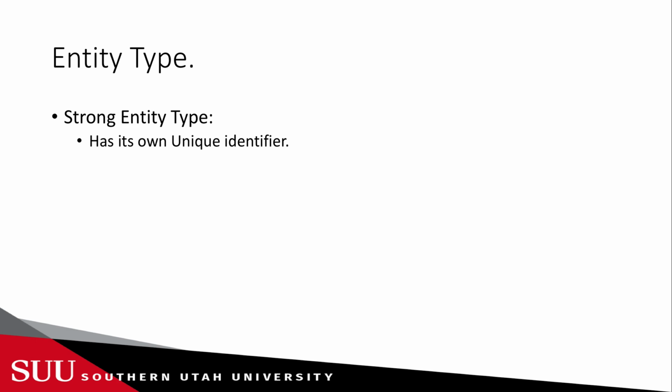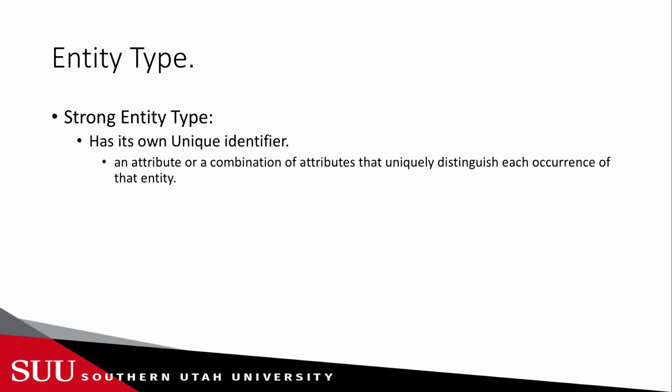Now let's talk about entity types. So we have, first of all, what we call a strong entity type. It will have its own unique identifier, which is an attribute or possibly a combination of attributes that will uniquely distinguish each occurrence of that entity.